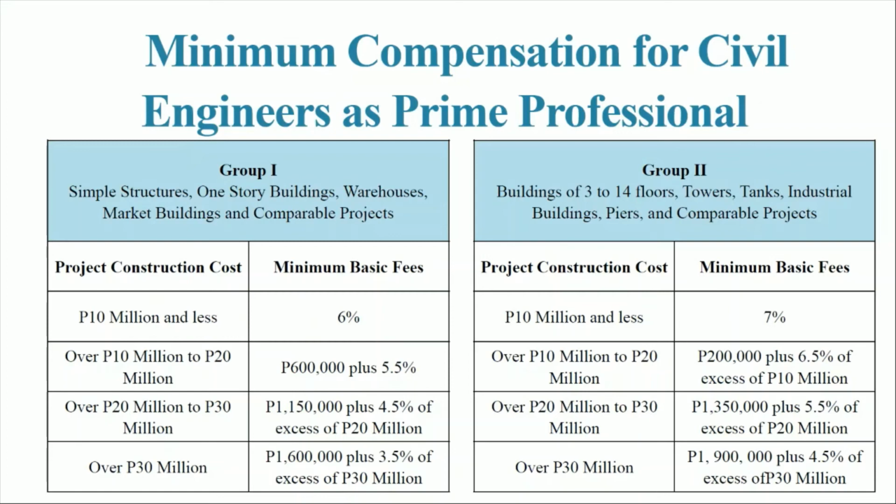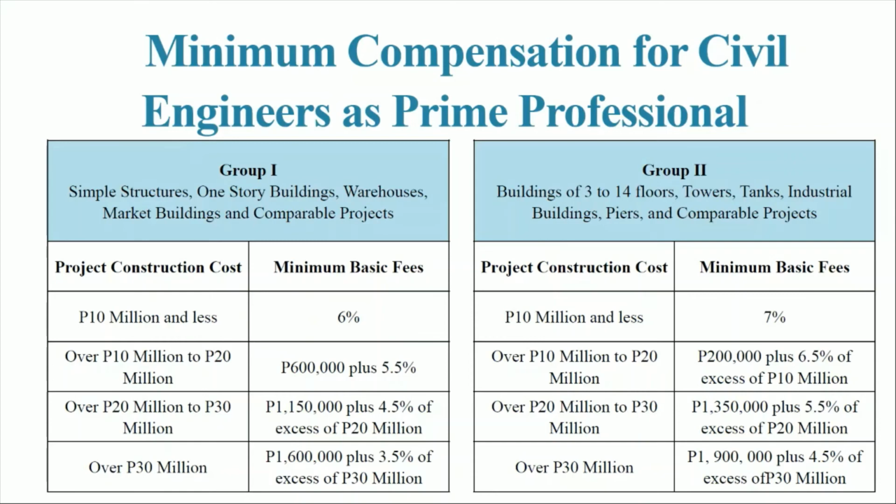For the 10 million to 20 million, we have 600,000 pesos plus 5.5% of the excess of 10 million. For the 20 million to 30 million project, we have 1,150,000 pesos plus 4.5% of the excess of 20 million pesos.